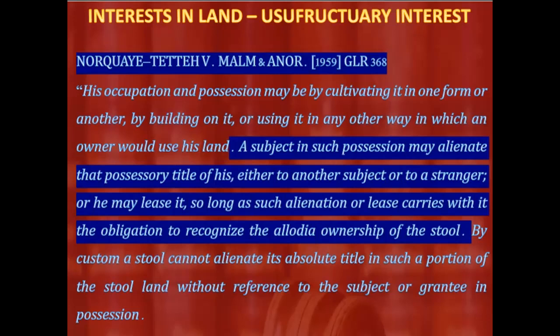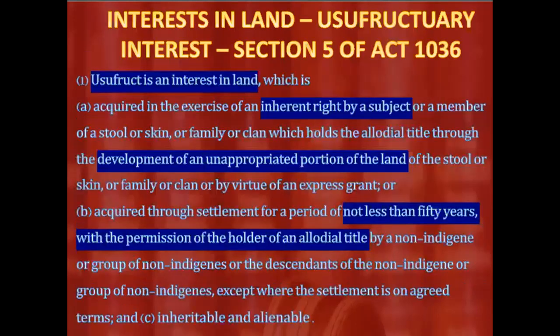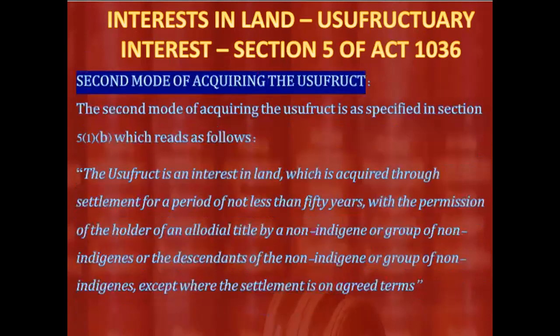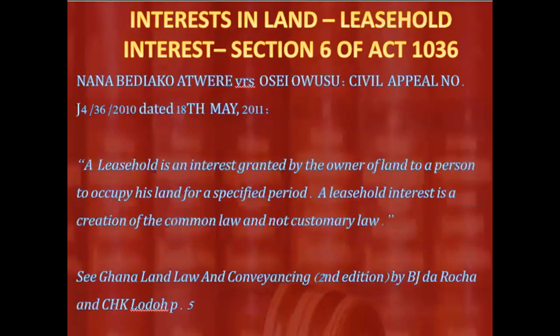We shall then move on to the next interests, having discussed the usufructuary interests. And we shall now discuss the leasehold interests. For the leasehold interests, it is good that I begin the discussion with the case of Nana Bediako Atwere, substituted by John Kwame Owusu, versus Osei Owusu.